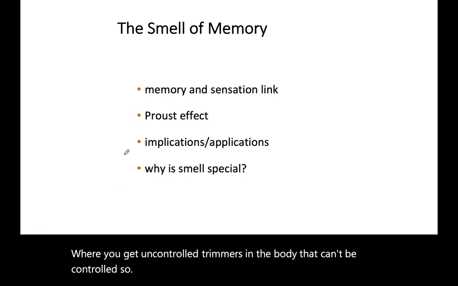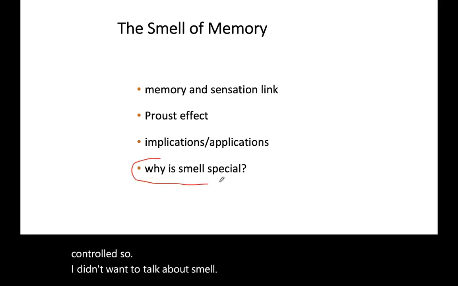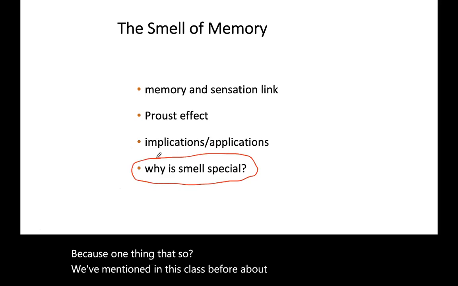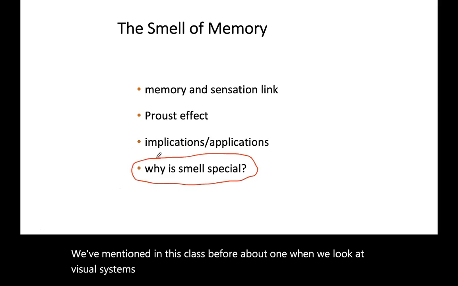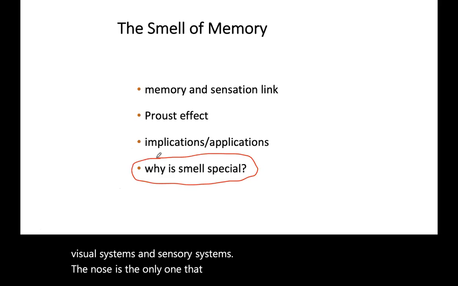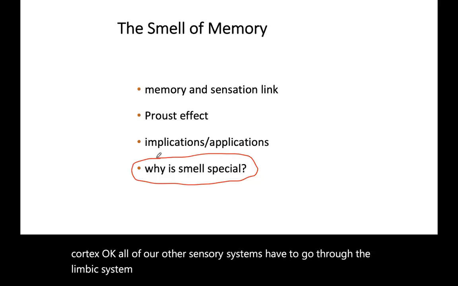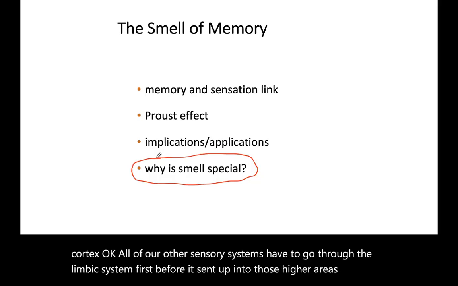I do want to talk about smell, because one thing that we mentioned in this class before, when we look at visual systems and sensory systems, the nose is the only one that is directly connected to the cerebral cortex, okay? All of our other sensory systems have to go through the limbic system first before it's sent up into those higher areas of the brain.